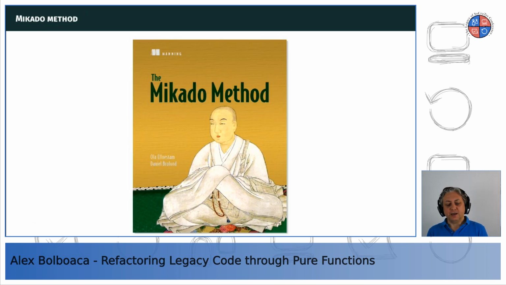But before that, I'd like to quickly mention the Mikado method, which is another method, and I saw there was some demo earlier. If you don't know about the Mikado method, there's a book about it. It's really useful for dealing, especially with the type of code where you try to refactor something and something else breaks, or when you try to go one way, and then you realize that you need to change multiple places.